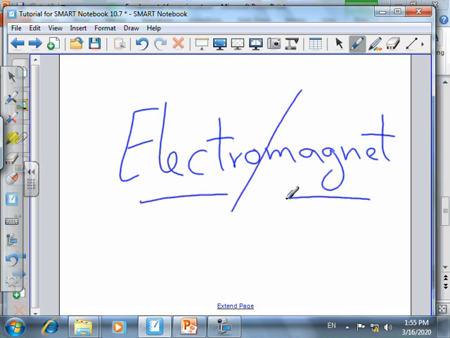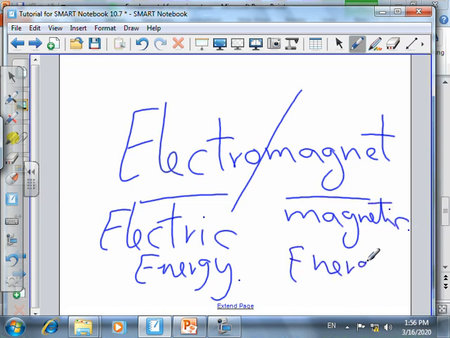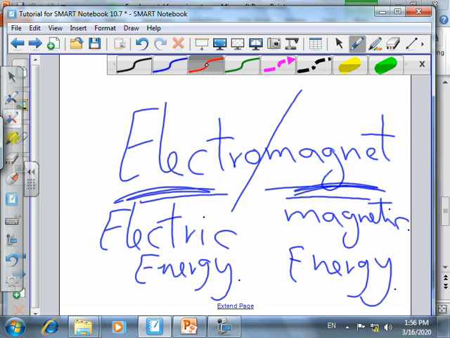It transfers electric energy, the first part of the word, into magnetic energy. Always remember, it transfers from electric energy to magnetic energy. How? By using an instrument which is called an electromagnet.